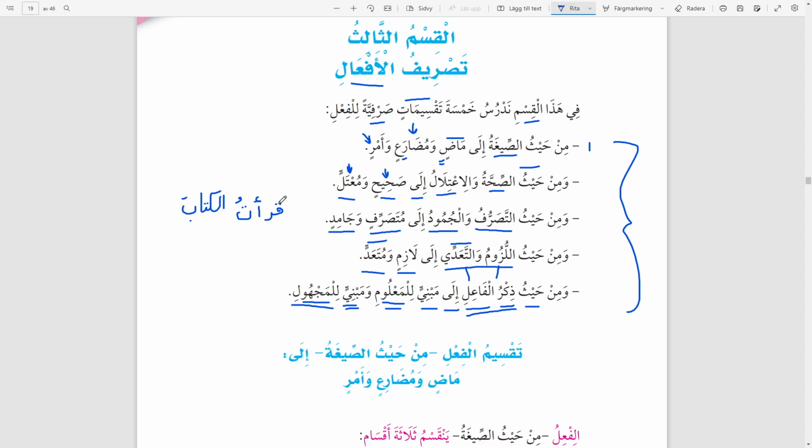And that is active. So I read the book: the verb, the actor, or I guess the subject, and the object. That is مبني للمعلوم.